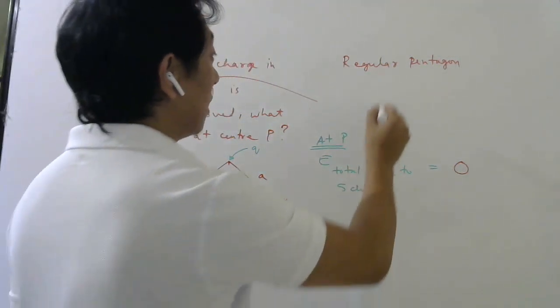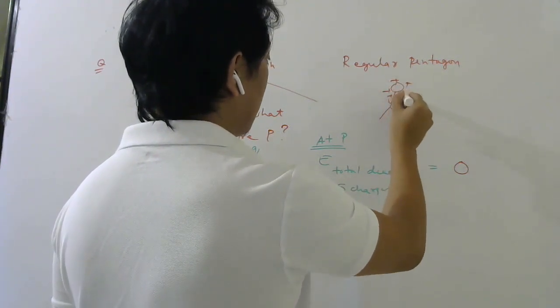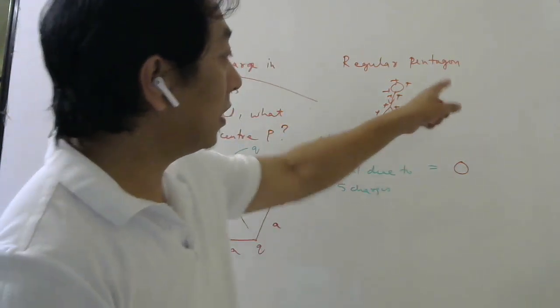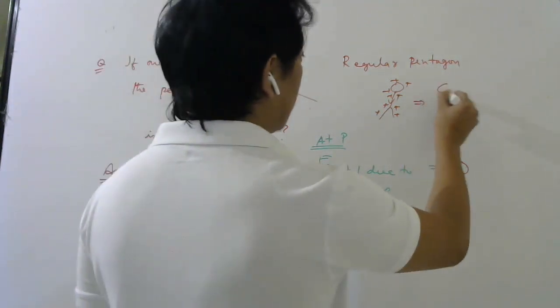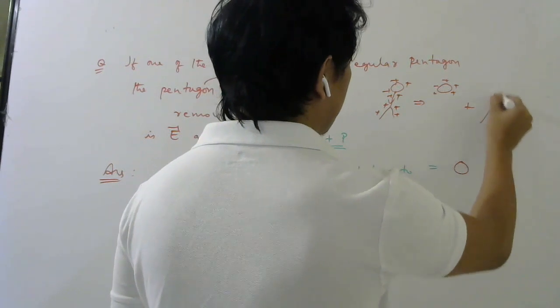If you want the electric field due to Pankaj sir, let's say there is charge on my body everywhere, then the electric field due to this can be written as the sum of the electric field due to this plus the electric field due to this.